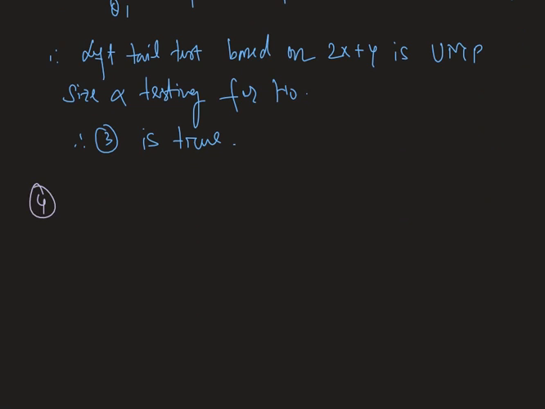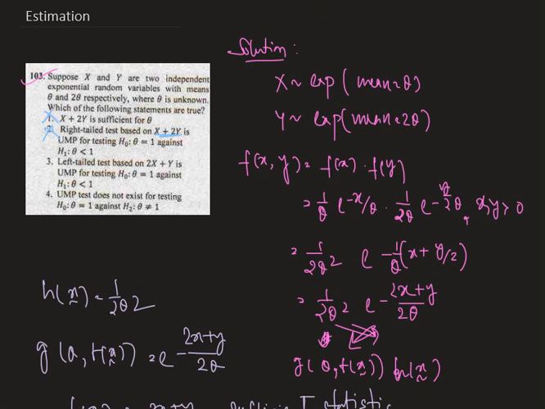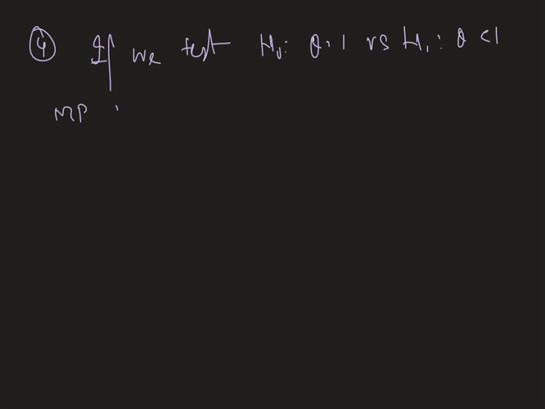Now let's check the next option. UMP test doesn't exist for both tail test. If we test H0 such that theta equals theta 1 versus H1 such that theta is less than 1, then MP size alpha test would be 2x plus y is less than k1.